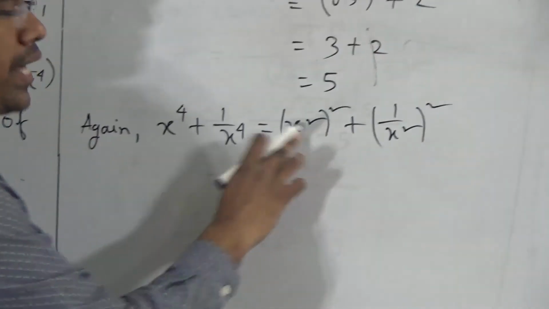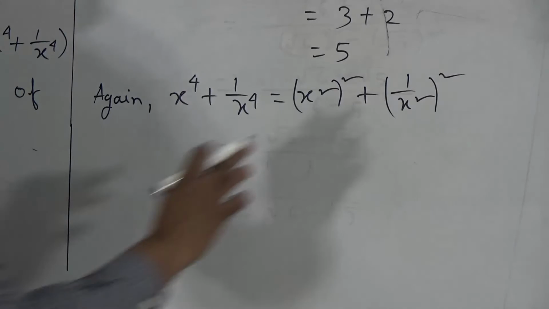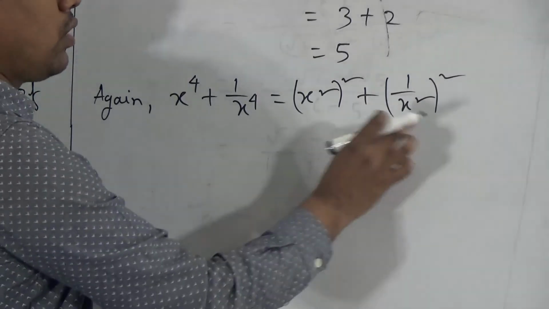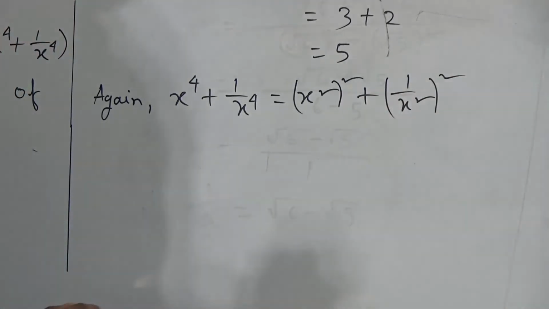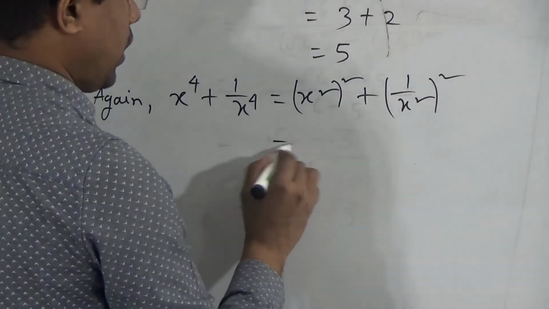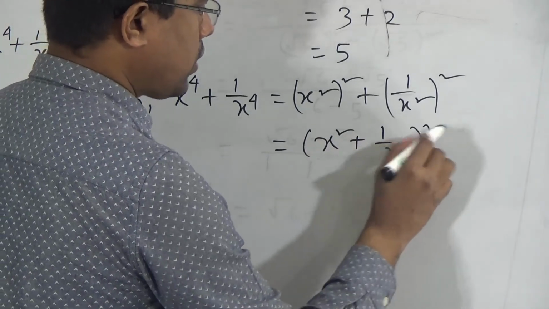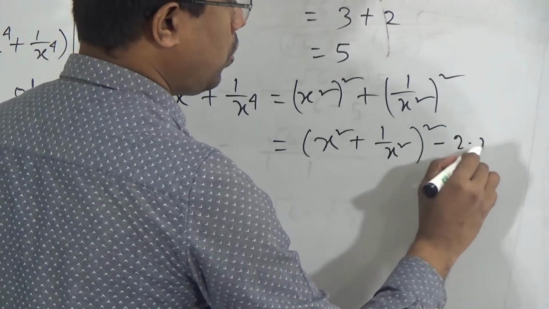We will consider x square as a and 1 by x square as b. Then we can apply formula a square plus b square. We know that a square plus b square equal to a plus b whole square minus 2ab.